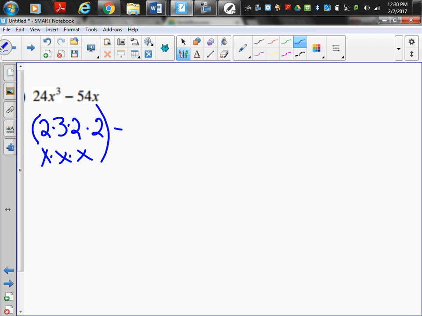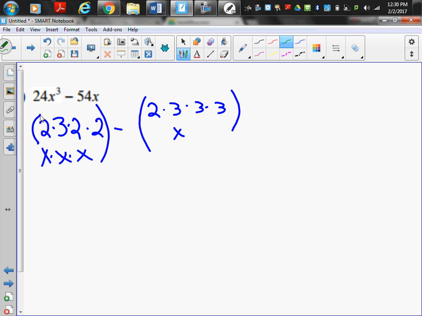We gotta see if there's, because 24 is not a perfect square, so I have to go back one step and see if I can factor something else. Alright, so 54 is 6 times 9, which is 2 times 3 is 6, 9 is 3 times 3 times x.